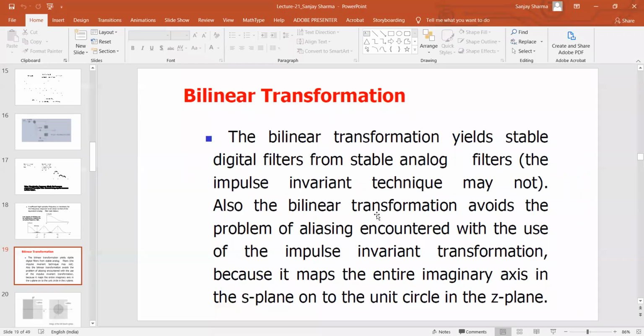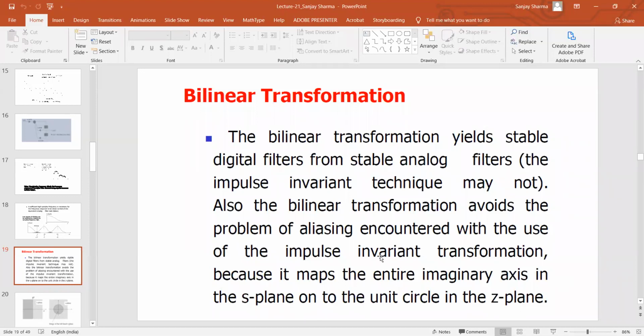Also, the bilinear transformation avoids, this is very important, the problem of aliasing encountered with the use of impulse invariant transformation, because it maps the entire imaginary axis in the S plane onto the unit circle in the Z plane.